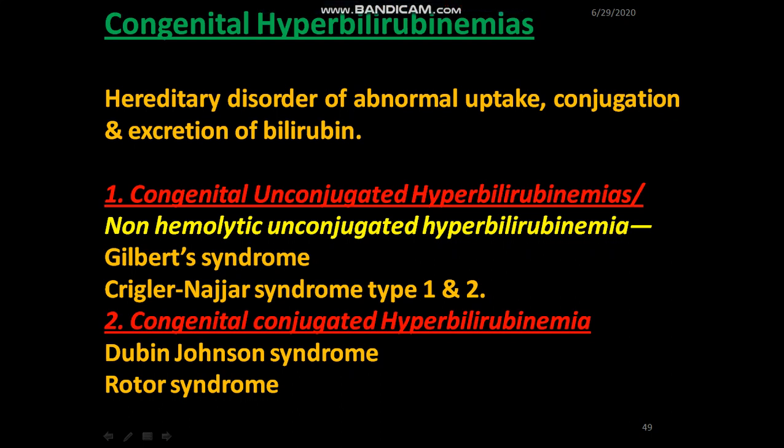In unconjugated hyperbilirubinemia, the non-hemolytic unconjugated hyperbilirubinemia occurs. It is seen in Gilbert syndrome and Crigler-Najjar syndrome type 1 and type 2. The congenital conjugated hyperbilirubinemia is seen in Dubin-Johnson syndrome and Rotter syndrome.